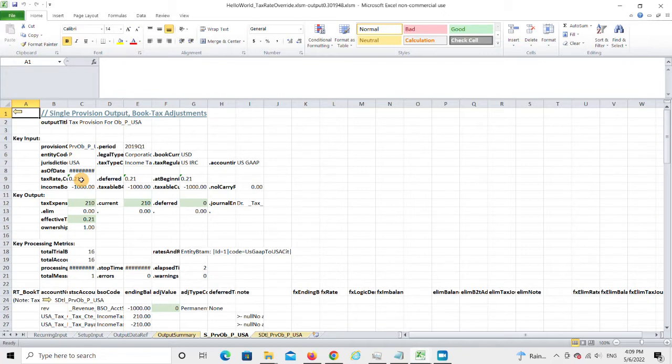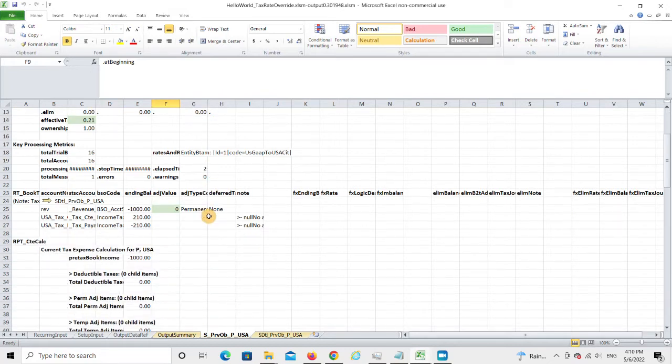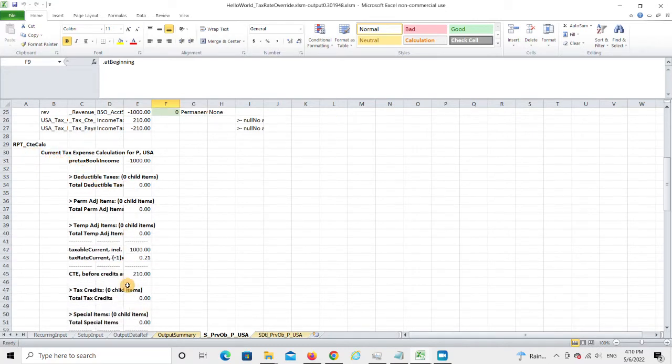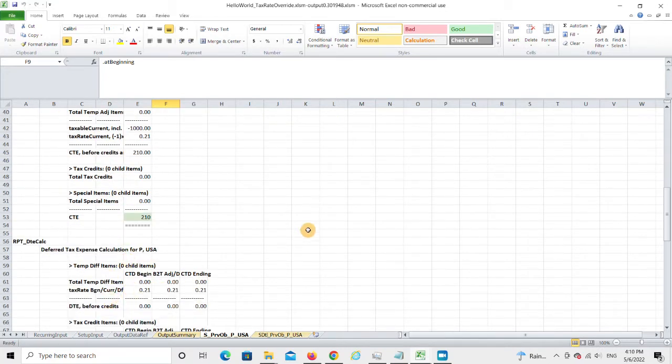So no surprise here. The same tax rate for current tax calculation, for the deferred period, and at the beginning of the accounting period, all of them are 21%. And it's used later on in the current tax calculation and deferred tax calculation and so on.